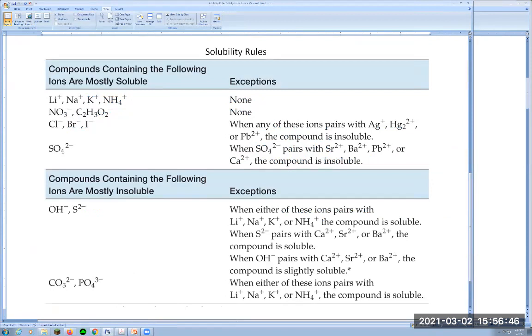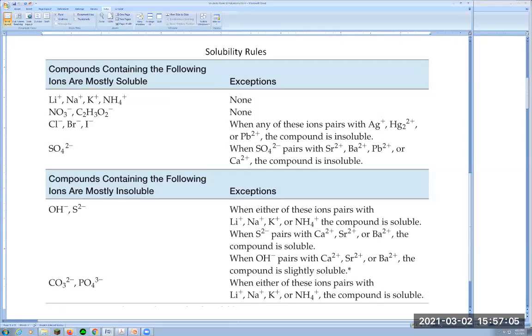Notice how you have two parts in this table. You have the top part, with the compounds containing the following ions being mostly soluble. And then the bottom part is for those that are mostly insoluble. And then there are exceptions, and you should always look at the exceptions.